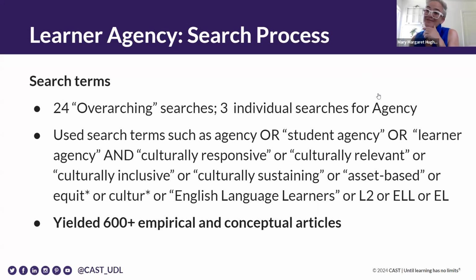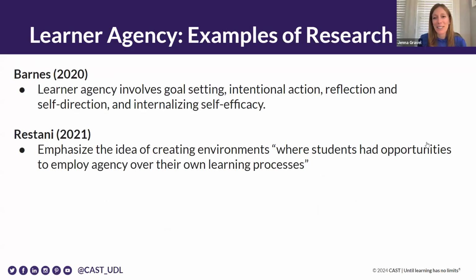This one didn't yield as many search results, so this one wasn't quite as difficult to wade through, but still a substantial amount of research. Yes, still with more than 600 articles. So it was incredible, the work that you did.